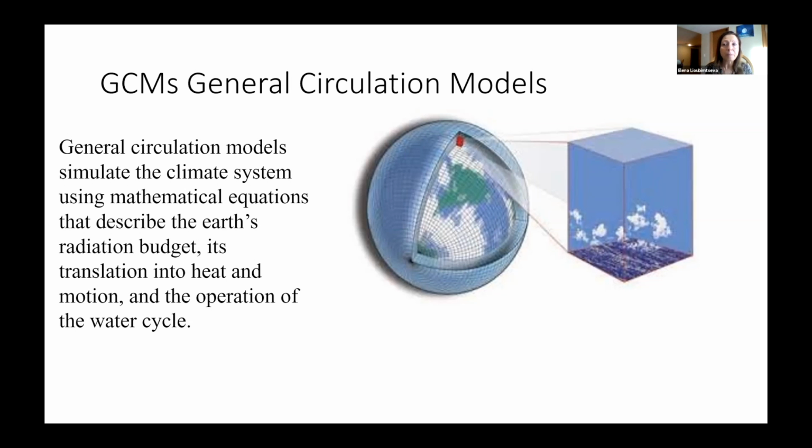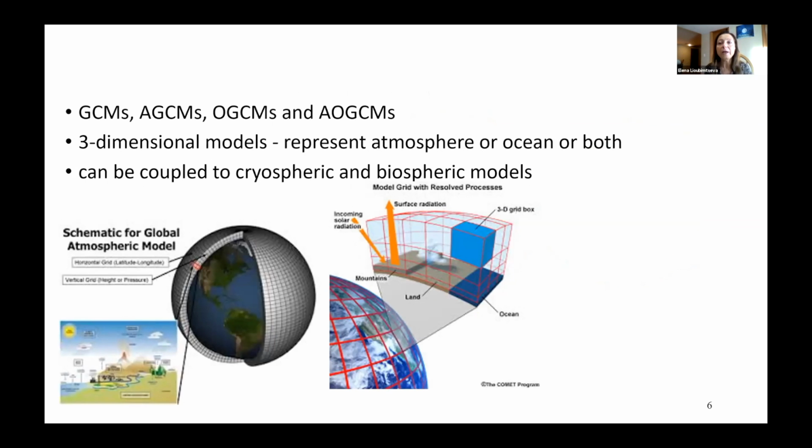They can be run into the past, when the human impact on the atmosphere was significantly lower, or even at times when there was no human impact, and they can also go into the future. And typically they go into the future just up to the end of the 21st century.